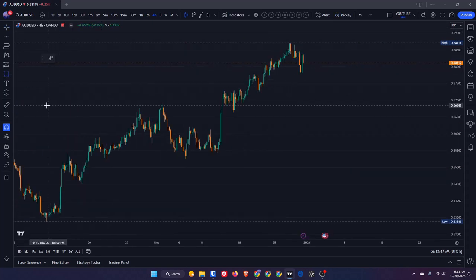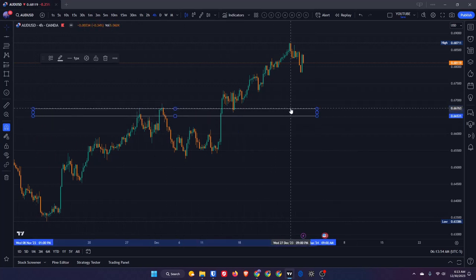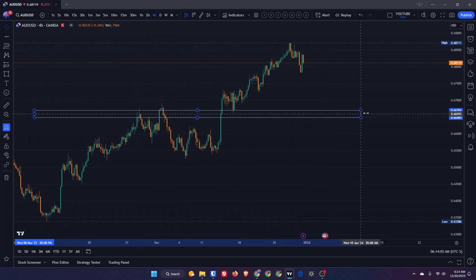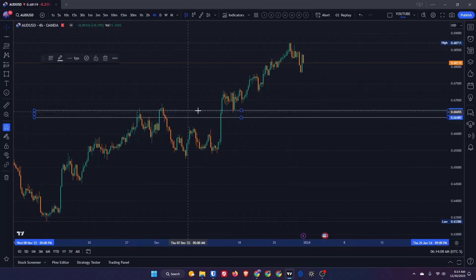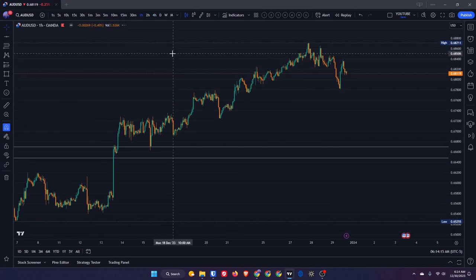Okay, so here's another example. We could say that there is a support level / resistance level right here because it got rejected by these two areas as a resistance, but then it got rejected as a support right here. So I could say that this area is a potential support or resistance level, and it's a key zone, right? So we could trade that.